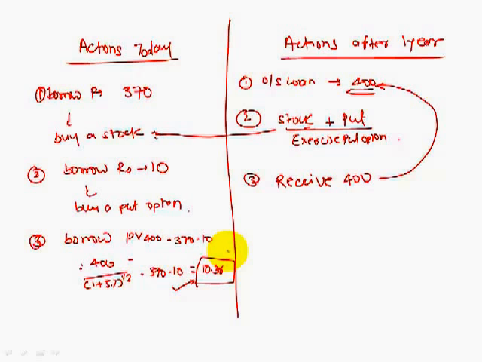But when I say 10% compounded annually, I can always find an equivalent rate which gives the same result but is compounded semi-annually or quarterly. So tomorrow we'll do it. I need to figure out how to do it on your calculator.